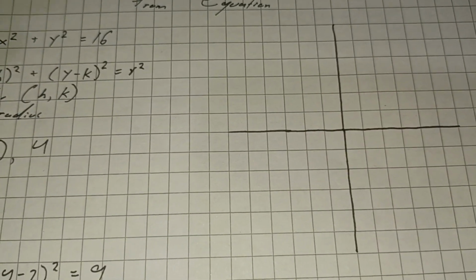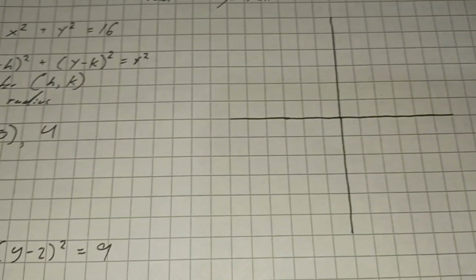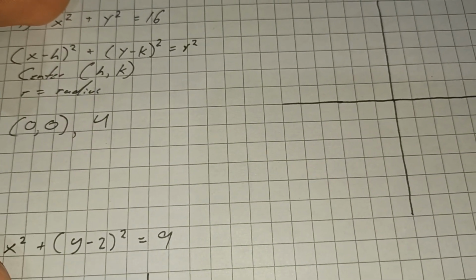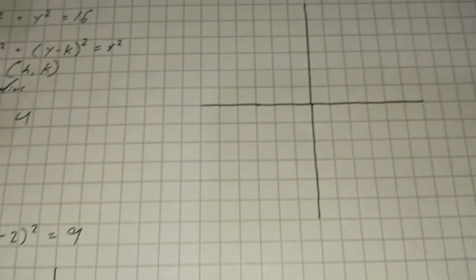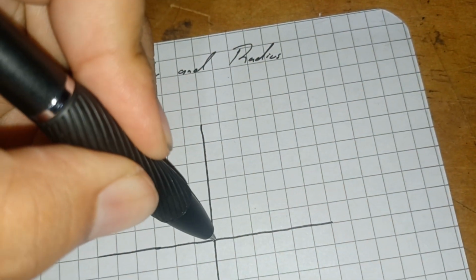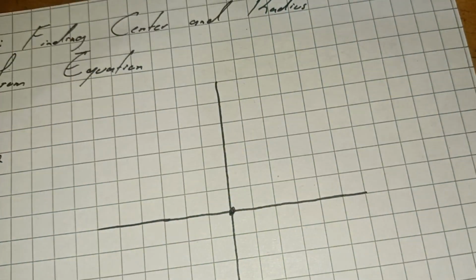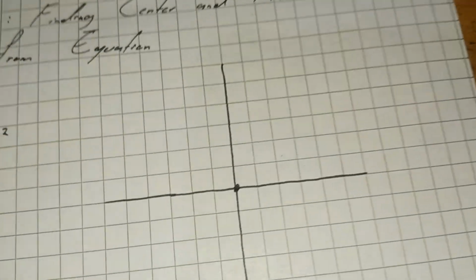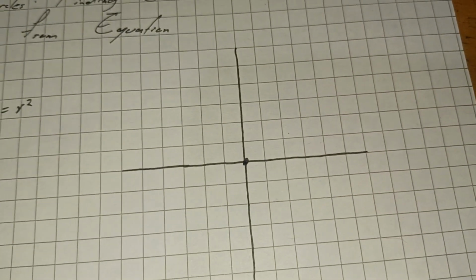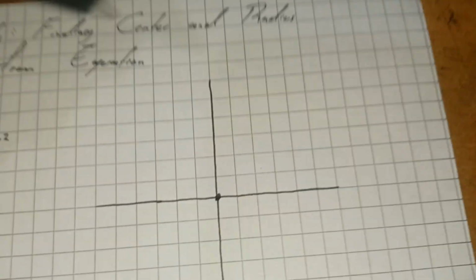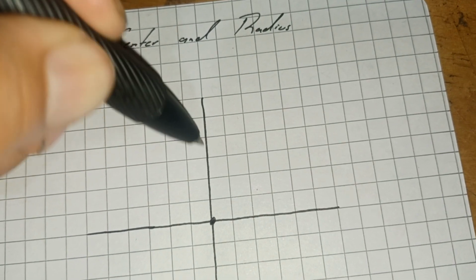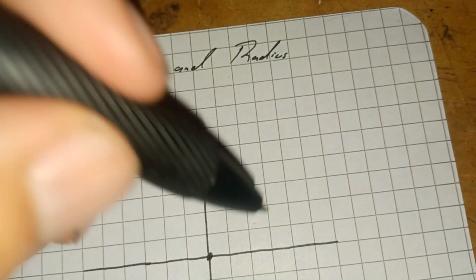So we can go ahead and sketch the circle now. We have 0, 0, the origin, that's the center of the circle. We have the radius of 4. So in order to plot the radius, we go 1, 2, 3, 4, and mark a point right there.